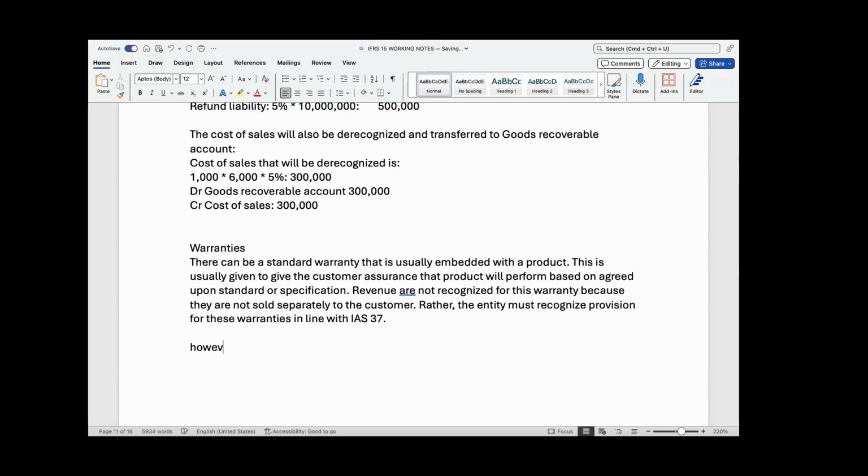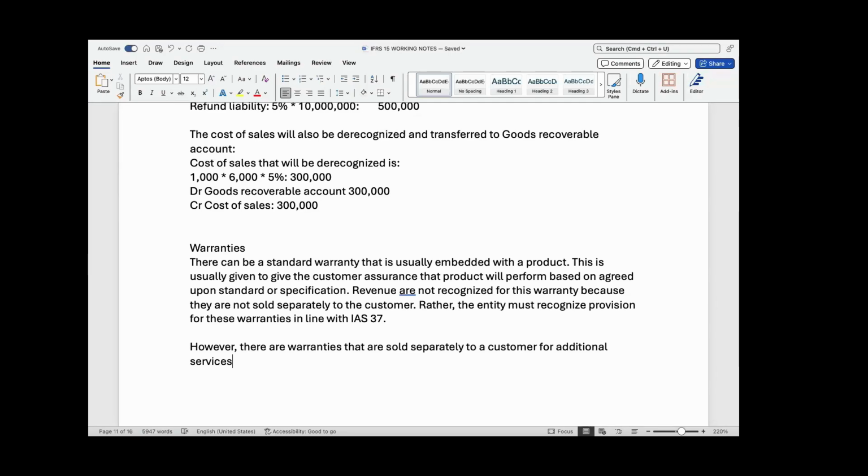However, there are warranties that are sold separately to a customer for additional services. I think Apple does it a lot on their phones. They will tell you that this product comes with 1 year insurance.